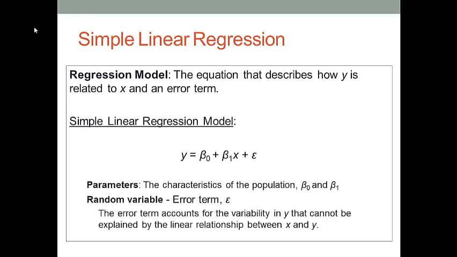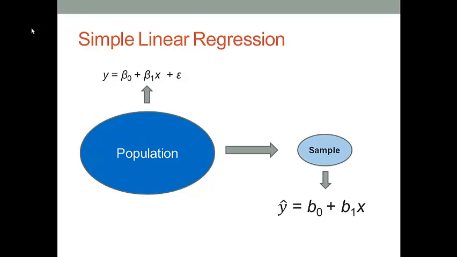The problem is, how can we find out the values of beta sub 0 and beta sub 1? This is what we are going to do. We want to draw a sample from the population that has the factors x and y. And then we want to use this sample to estimate the values of beta sub 0 and beta sub 1.